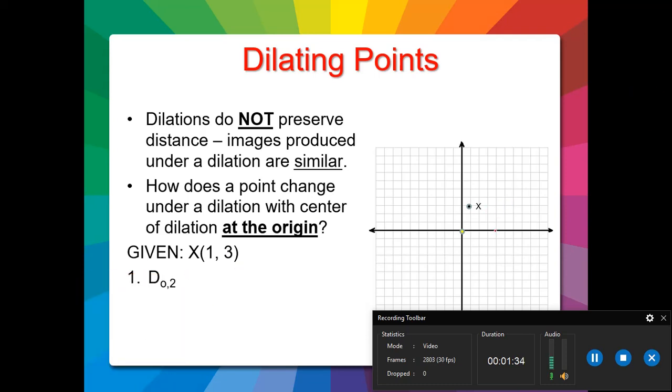So what I'm going to do is examine the pattern. To get to X, I would have to rise 3 and run 1 to the right. To go twice as far, I need to run that same pattern again. We're going to rise 3 and run 1 to the right. So this is the location of X prime. My ordered pair is going to be 2, 6.